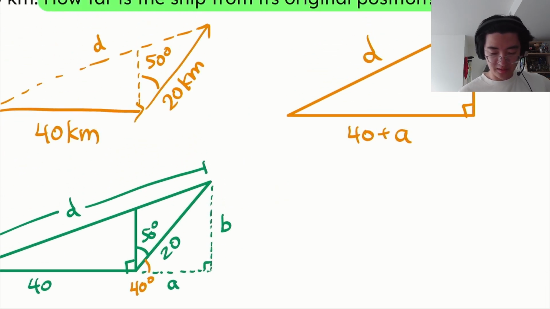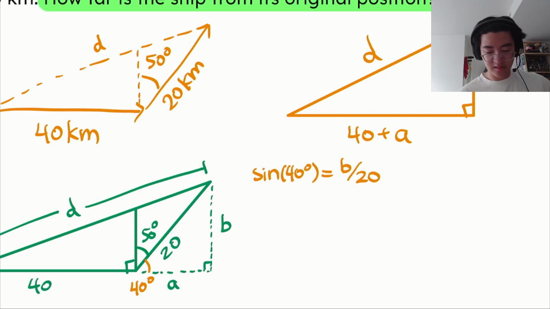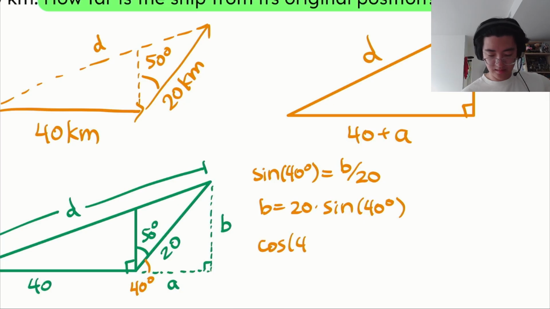So let's look for b first. Sine of 40 is b over the hypotenuse. B is just this. A is the same thing, except it's cosine: adjacent over hypotenuse. A is then this.